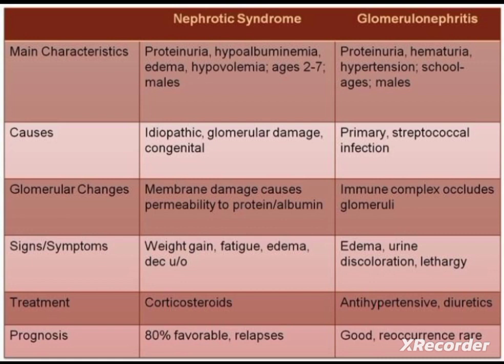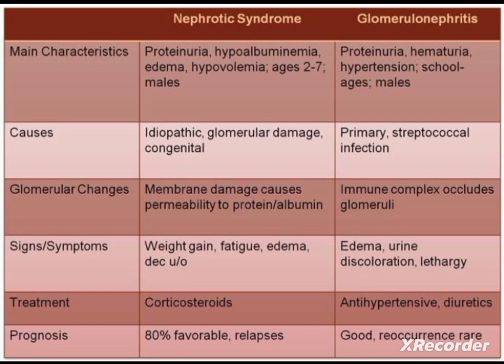The main feature we observe in nephrotic syndrome is proteinuria, that is, there will be protein in the urine. Hypoalbuminemia: when we assess the blood, we can see that the albumin level is decreased.